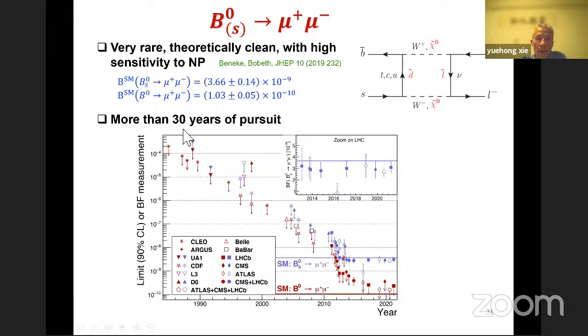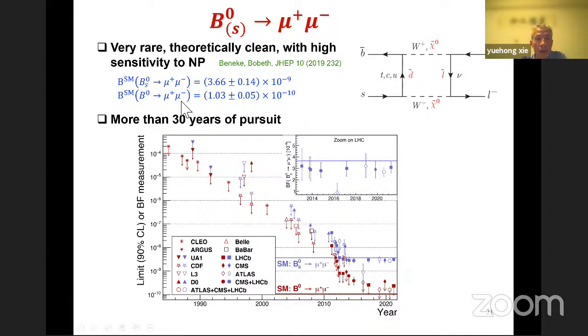Many efforts have been made to search for these decays in the recent 30 years. And only very recently have ATLAS and CMS observed the Bs decay to mu plus mu minus, and later LHCb confirmed it.